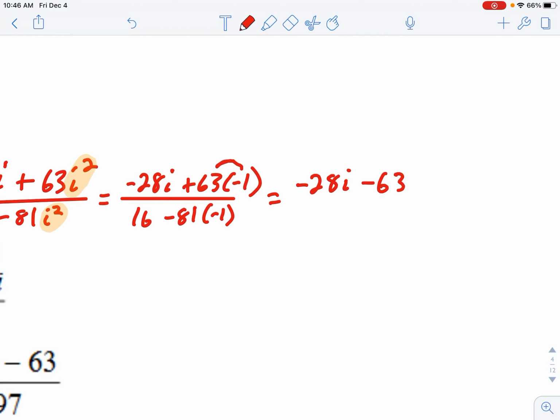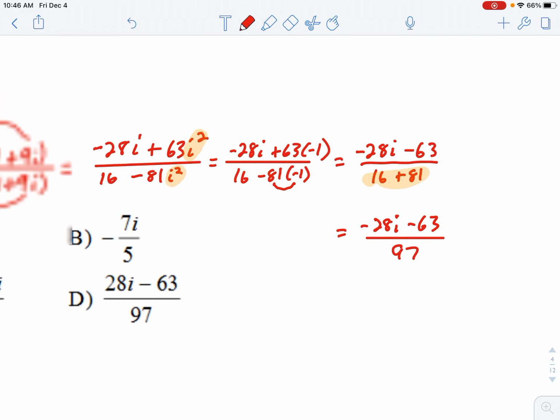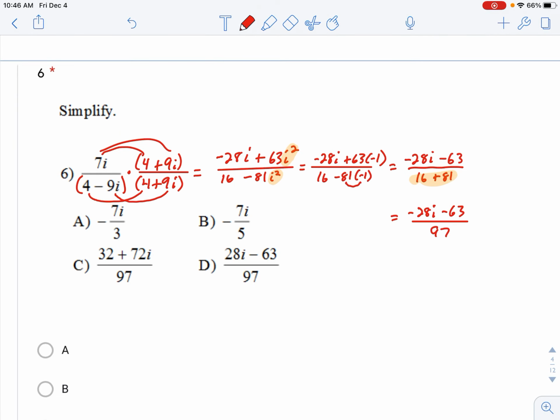Negative 1 times 63 is negative 63. On the bottom, it turns into 16, negative times negative is positive, so plus 81. And you can combine that, 16 plus 81, so you get negative 28i minus 63 all over, what is that, 97. That should be your answer, and that is D.